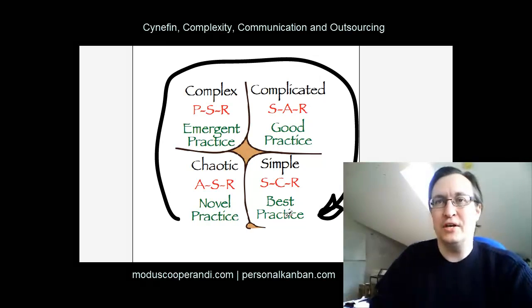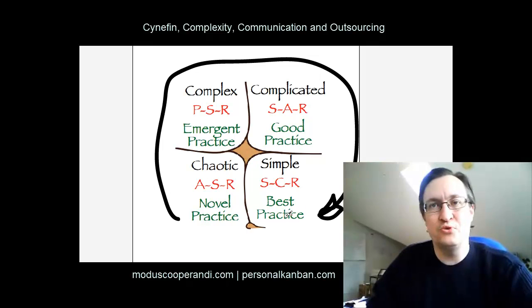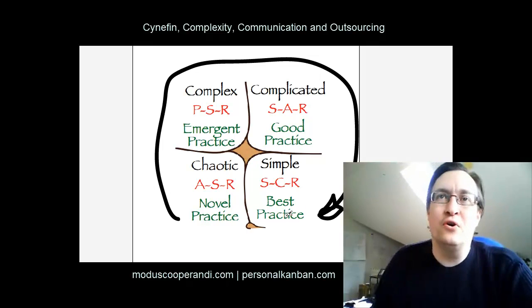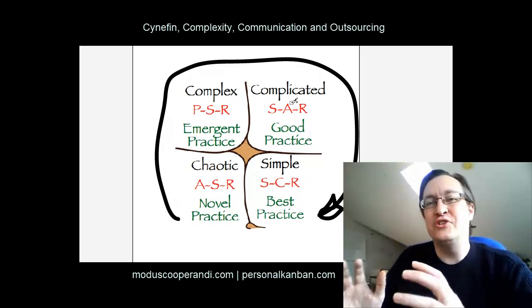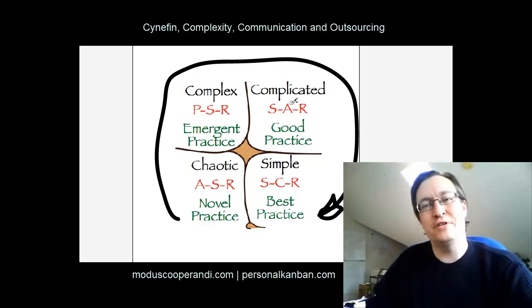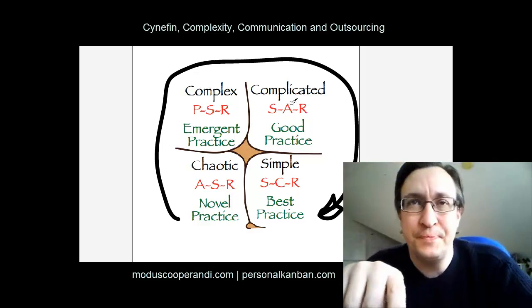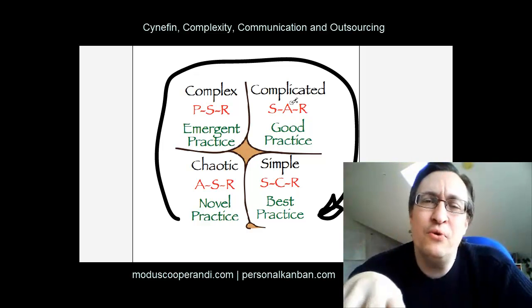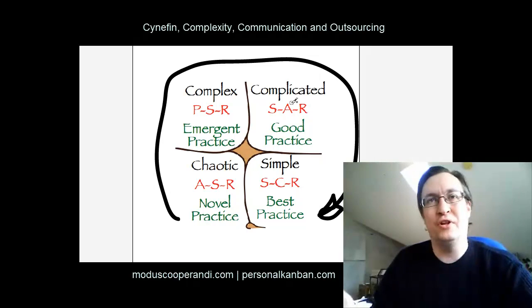It's a process where we've set up best practices that say, if you do this, this will be the outcome. Complicated is a little less sure about that. You know that if you do some things, you will have some outputs that more or less conform to the outputs before it. And there you want to apply good practices, and good practices have a lot more leeway.